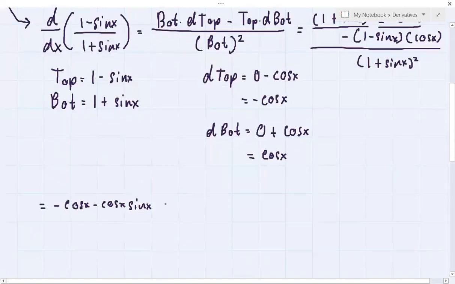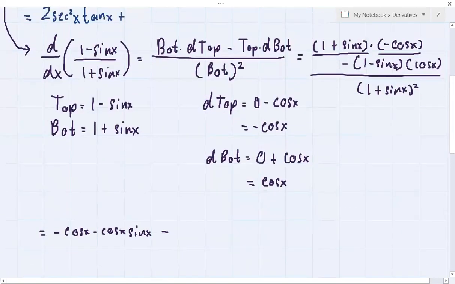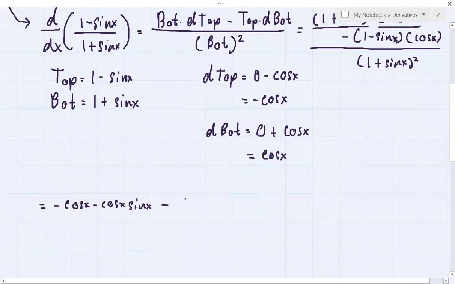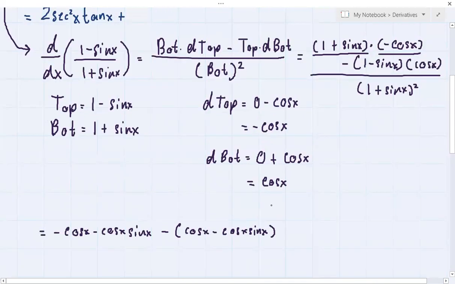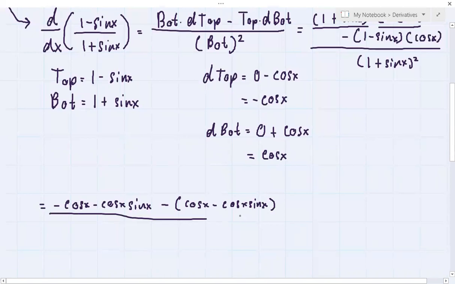Then in the second term, minus quantity 1 minus sine x times quantity cosine x, we will have cosine x minus cosine x times sine x. Ganyan yung magiging itsura niya, all over the square of 1 plus sine x.